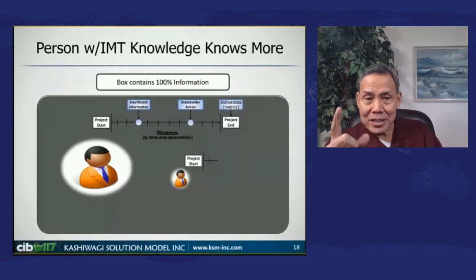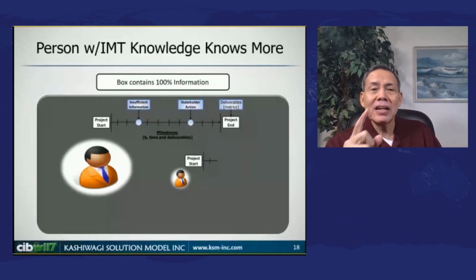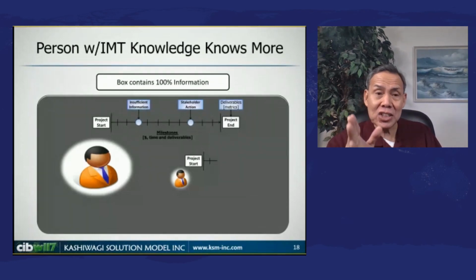Now, how does this work? The way it works is we get back to thinking and making decisions. If that guy on the job who's not as experienced starts thinking, immediately he's in trouble.